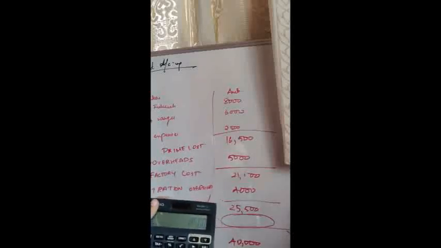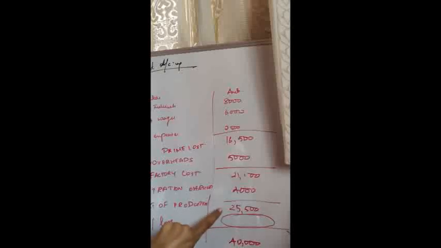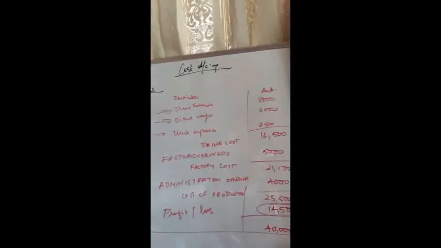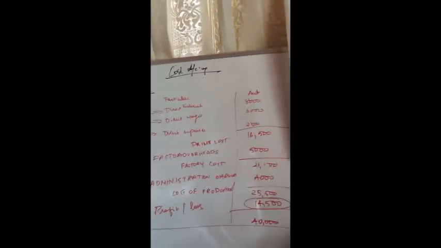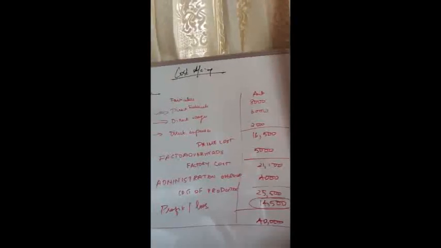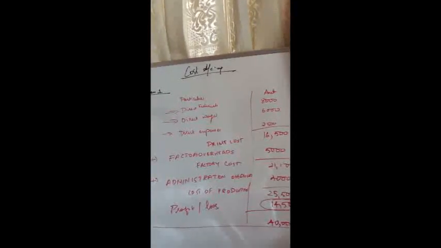Because your sales amount is greater and your cost of production is less. So 14,500 is your profit. This is all you need to do in your particular solution, because here entire information is given to you directly, so you do not have to classify under different heads. I think this is very clear and is understood by you all.